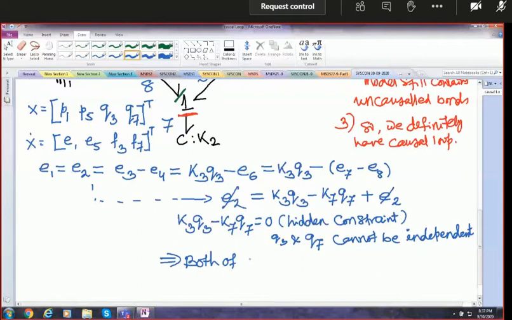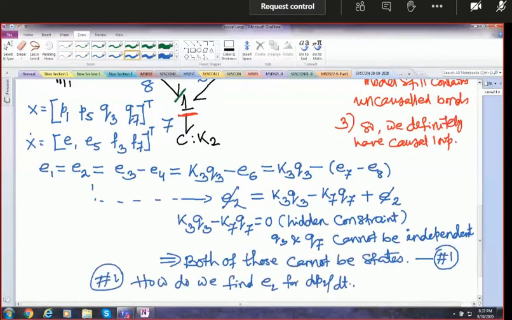Number two, how do we find E2? Sir, is it important that every time we have to get this relation by writing the equations for every node, like at every junction? By seeing the figure also, we can say, because the whole setup is moving upward or downward, you can tell. This is a very simple system, you can tell directly that they are constant.